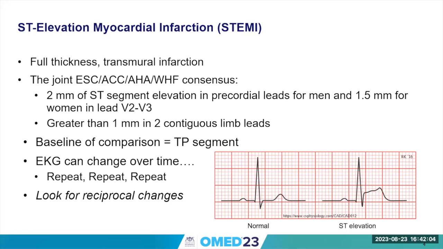Remember that you're comparing that ST elevation to the TP segment here. Basically at the end of our T wave and the beginning of our P wave, that is our isoelectric point on the EKG. You are comparing this ST elevation to that TP segment.